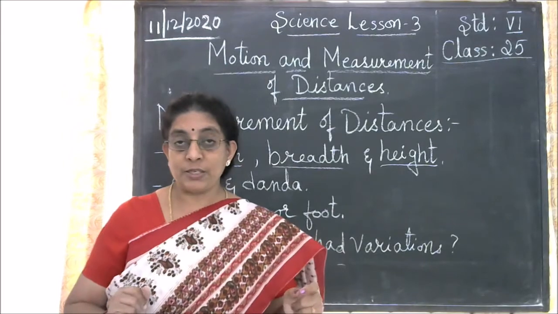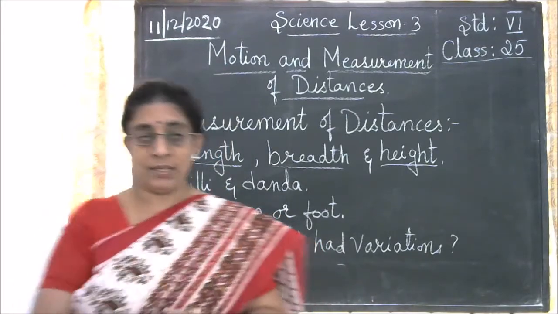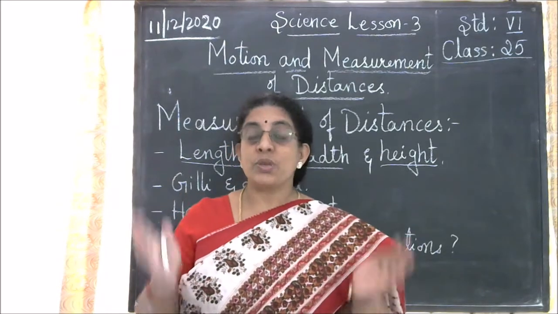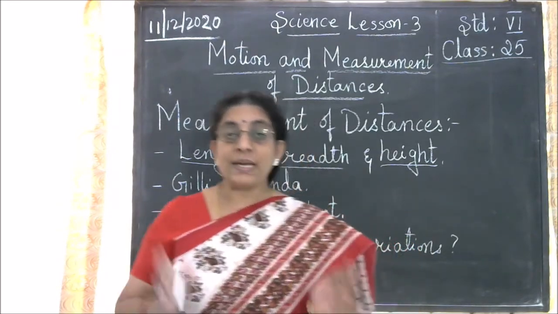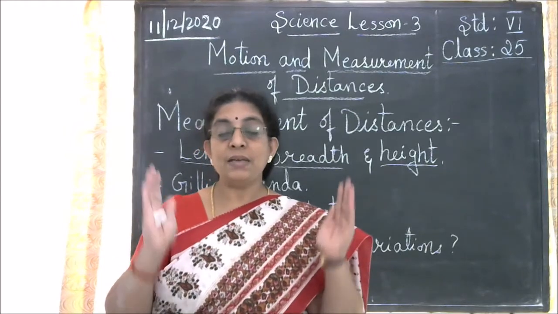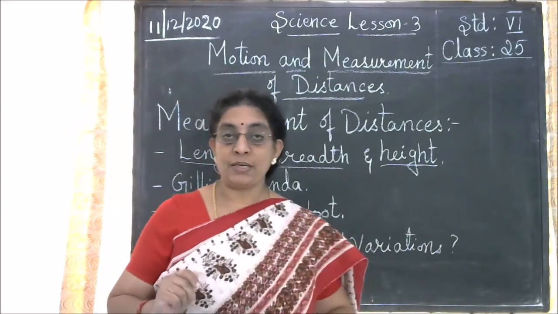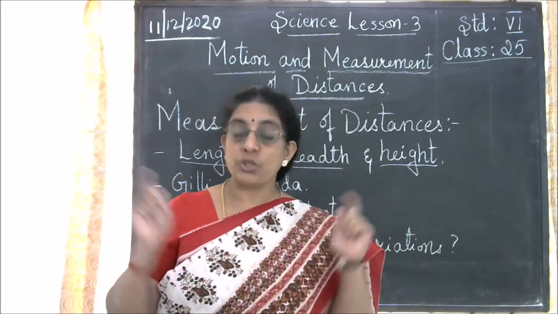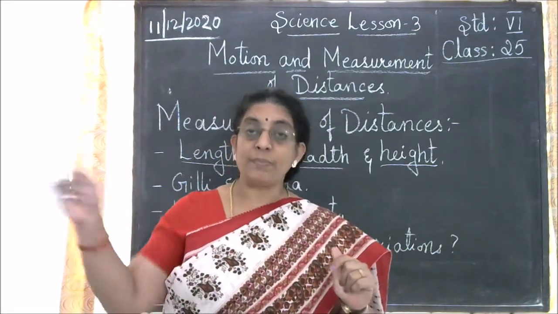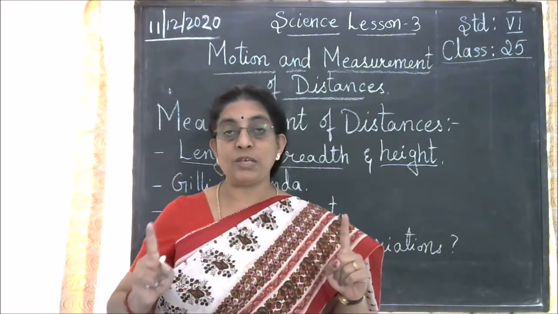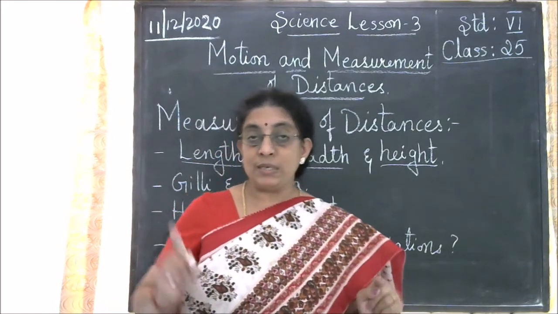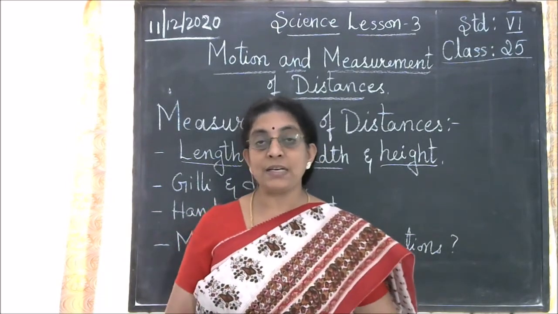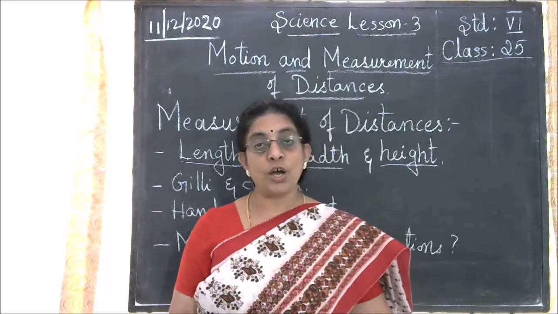To rectify all this, what did they find out? Then they found that there should be a standard method of measurement, which should be the same not only here but throughout the world. Now we'll see what were those methods used for the standard unit of measurement.